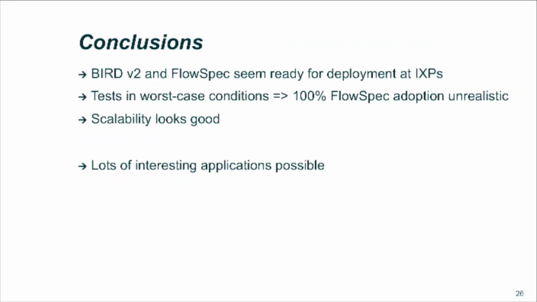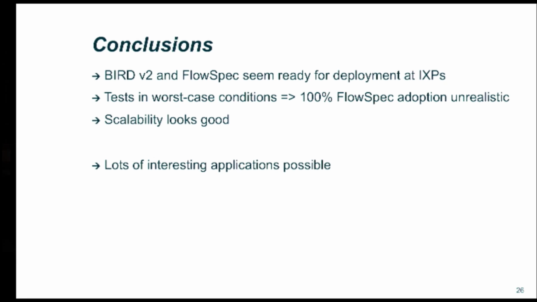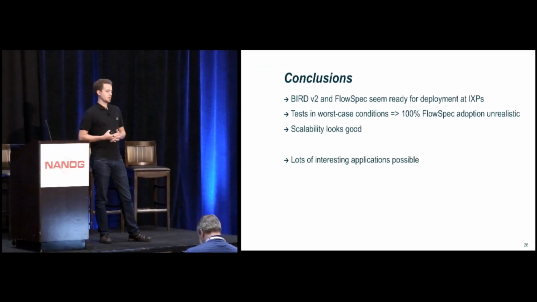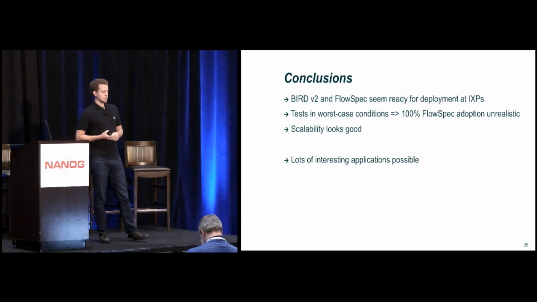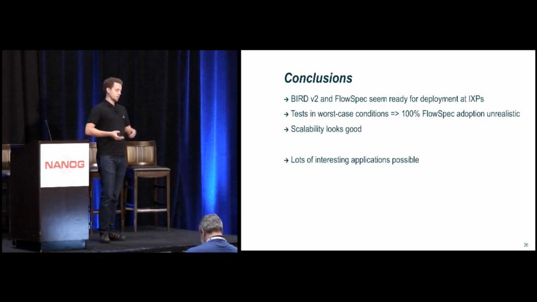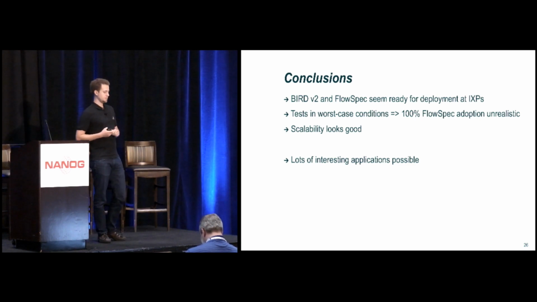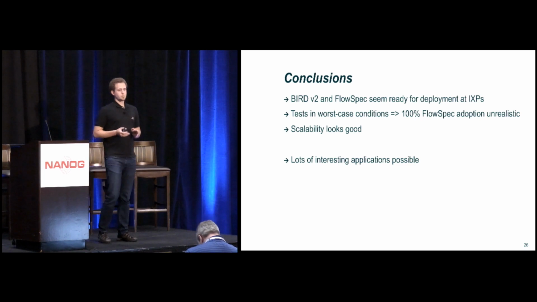Let's draw some conclusions out of this. We wanted to know, is the software that we're currently using ready? And it seems to me that it is ready. BERT itself and the Flowspec implementation seem to be ready for some kind of deployment. We don't know what the actual deployment will look like, but we know some tools are there. And we were testing in worst case conditions.